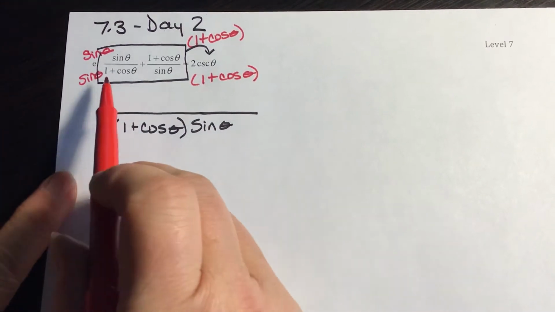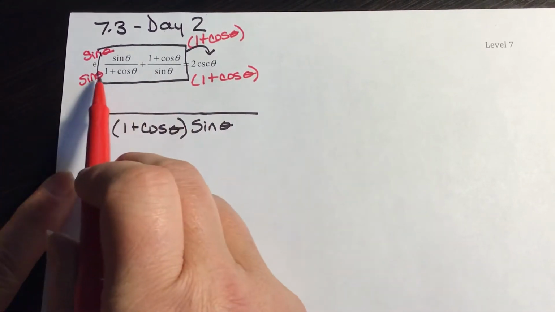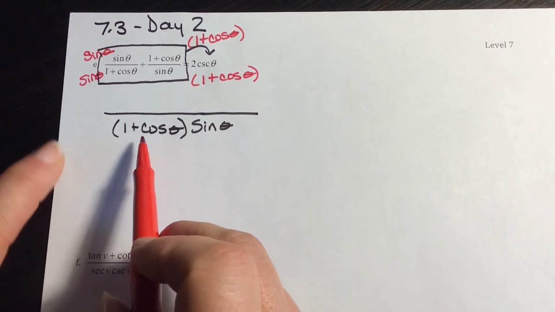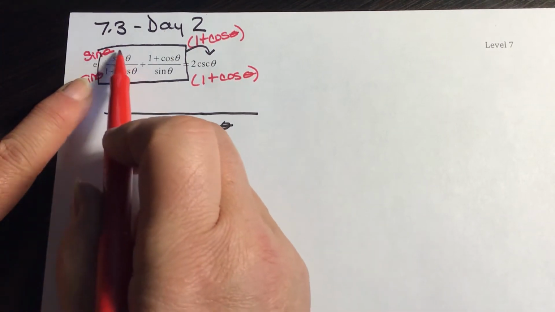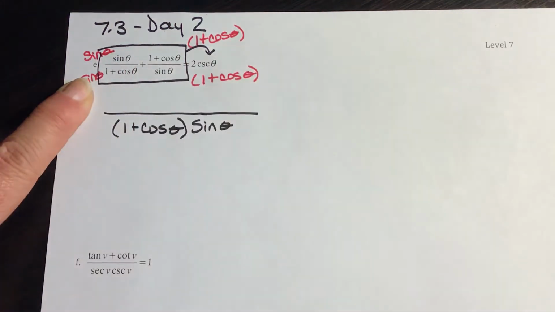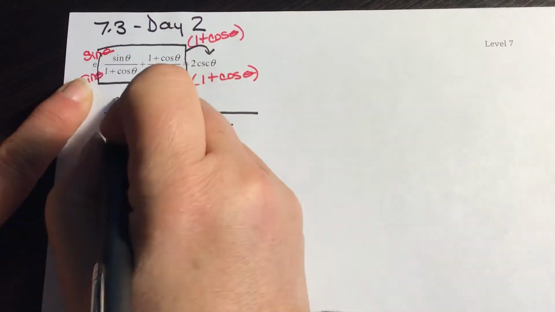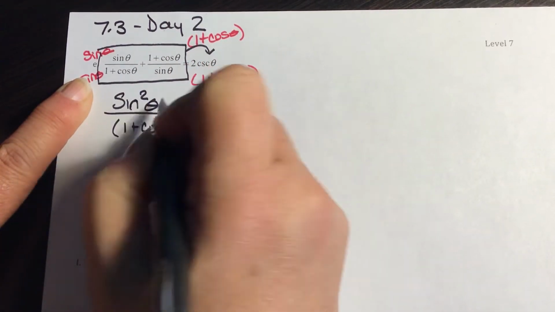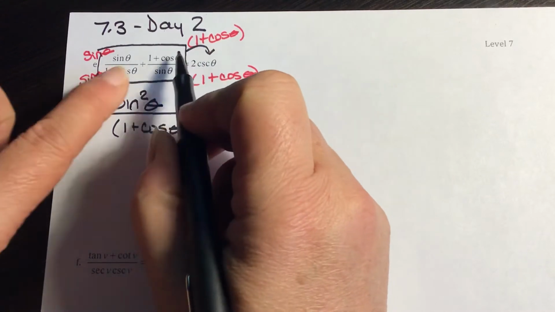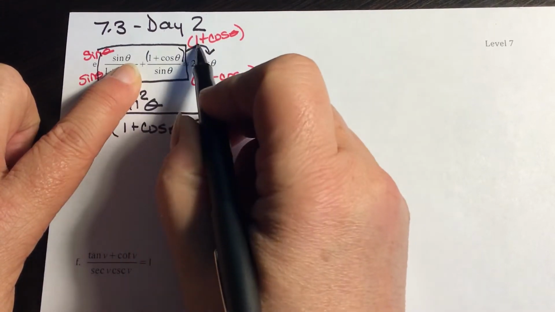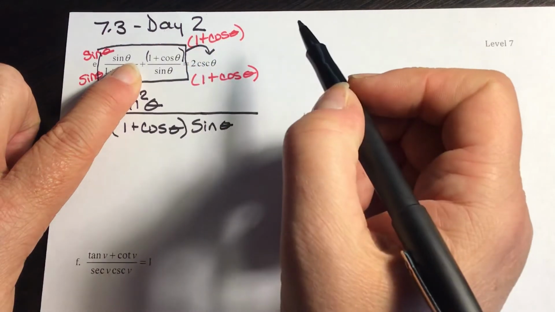All right, so for each of these now we have sine theta and 1 plus cosine theta. Now I'm going to multiply the tops, and I have sine times sine, so that's sine squared of theta. And over here I have 1 plus cosine theta times 1 plus cosine theta.